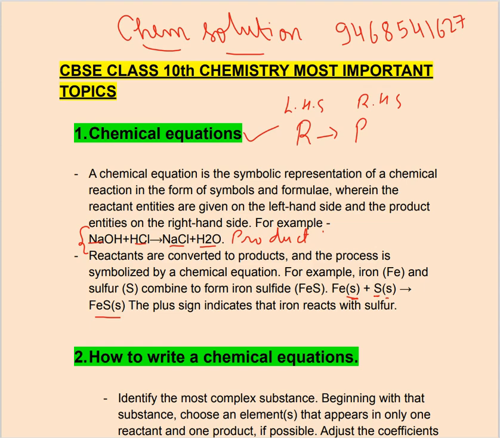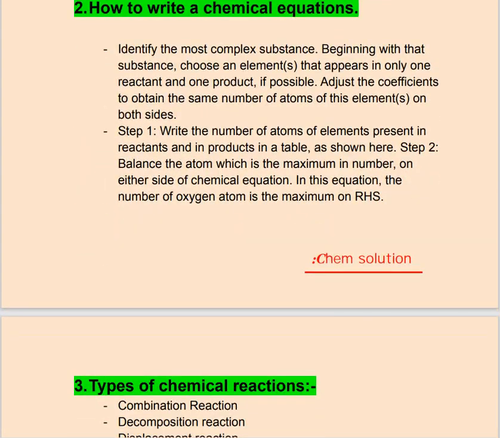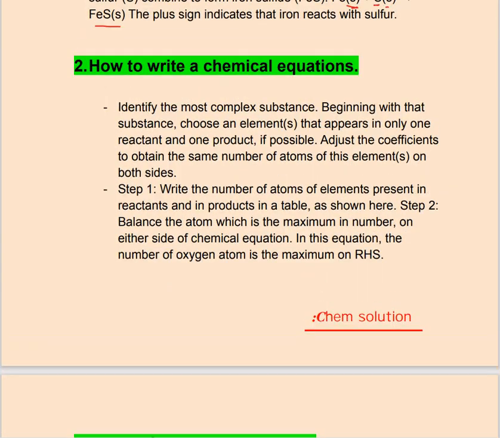Moving on to the next important topic, how to write the chemical equation. You have to balance the chemical equation. You have to balance LHS and RHS, the coefficient of both the sides. So taking an example, H2 plus O2 gives H2O. You have to balance the reaction.